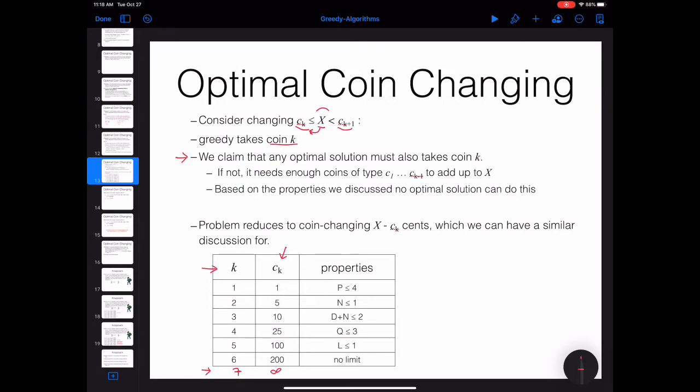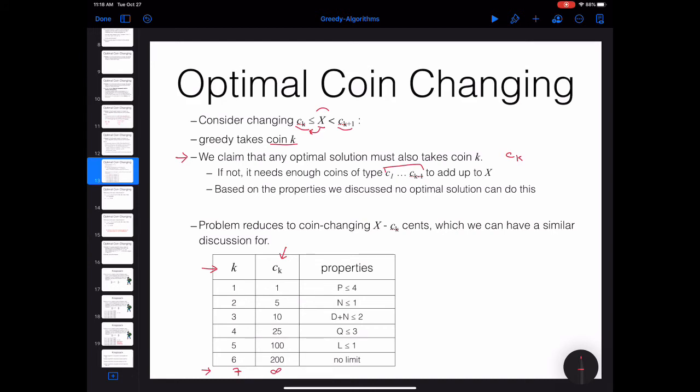If not, I'm going to prove it using contradiction. If you have to change the amount x and you are not going to take coin k, which the greedy will take, it means that instead of using ck, you have to use some coins from c1 to c(k-1), right?